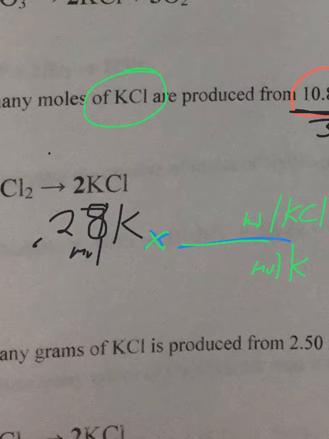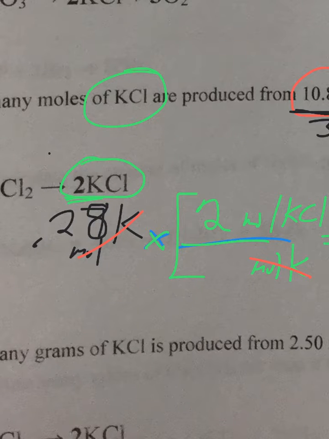Now remember, every time you have mole to mole, that comes from where? When you have mole to mole, it comes from the equation. So what's my mole of KCl? 2. Very good.